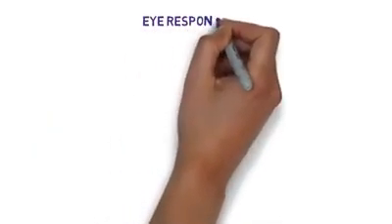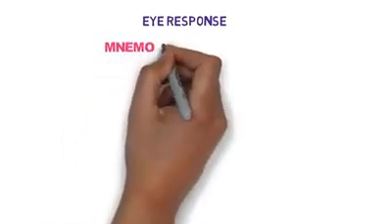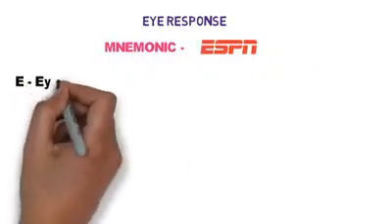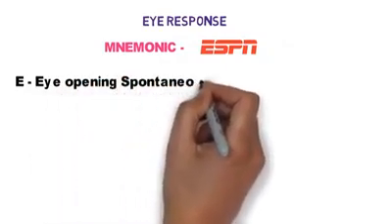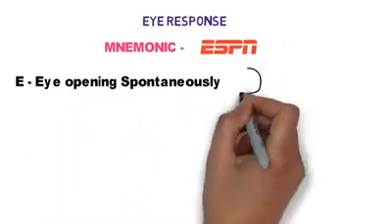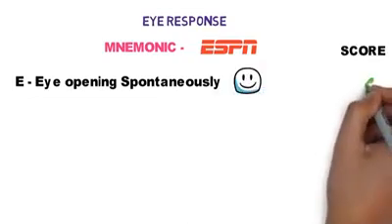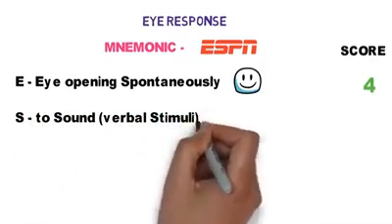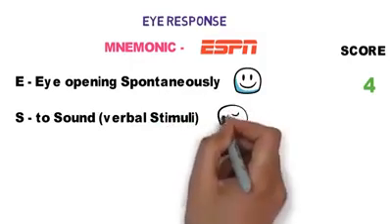Now coming on to checking eye response. You can memorize this with a sports channel ESPN. E for eye opening spontaneously. If patient spontaneously opens eye, then eye score is 4. S for sound, that is eye opening to verbal stimuli.